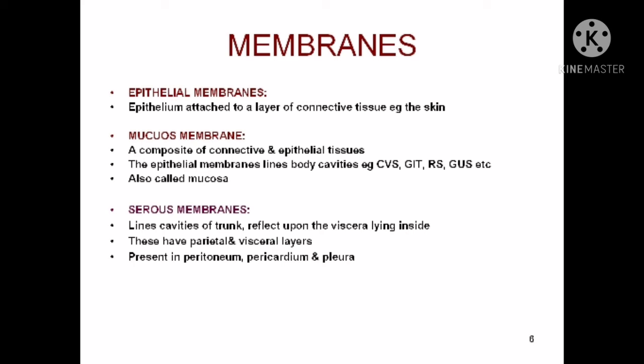In case of the peritoneal membrane, the cavity is called the peritoneal cavity. In case of the pericardial membrane, the cavity is called the pericardial cavity. And in case of the pleural membrane, in between the parietal and the visceral pleura is the pleural cavity which surrounds the lungs.